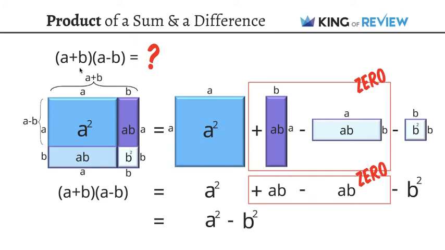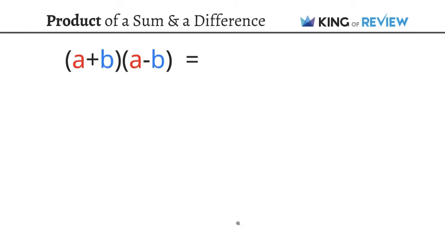From the product of a sum and a difference, we got the difference of two squares, like here, right? So when you see this product of a sum and a difference, you can use the distributive property or the FOIL method to solve this, but don't waste your time. We have a very useful shortcut.